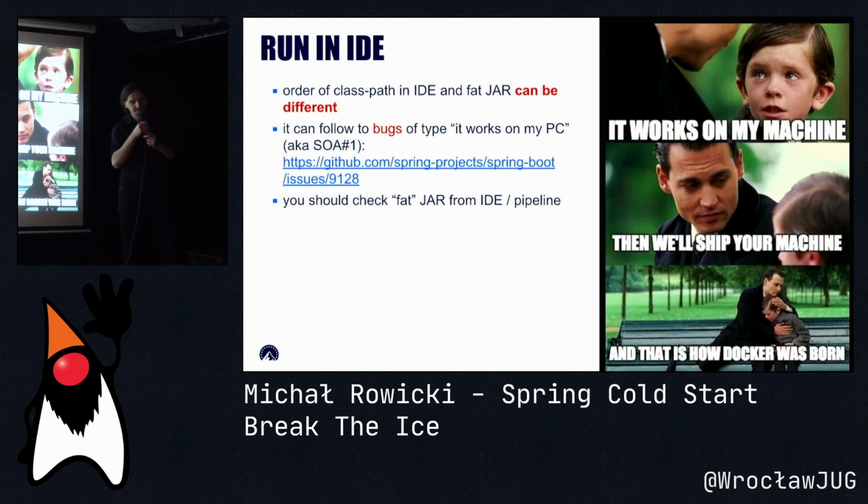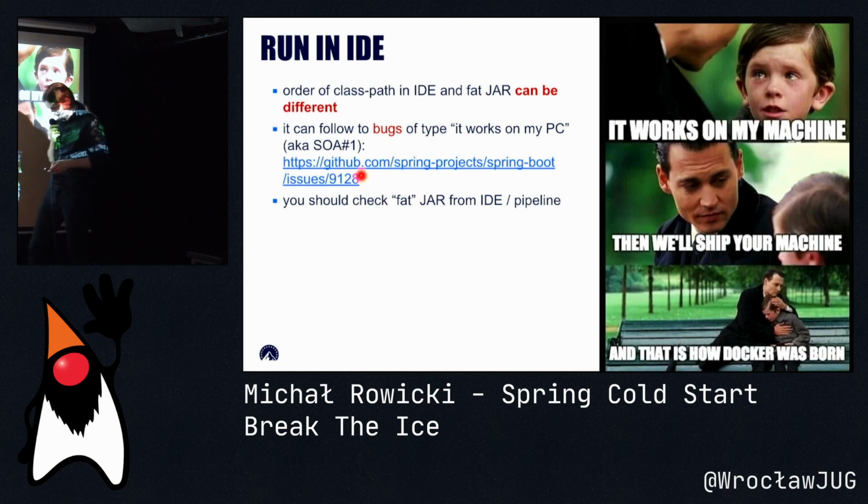We can imagine that there is one class which uses the method forName with a string for a class which is not yet on the class path. And then we have issues where our application doesn't work on our machine but works in production, or otherwise. This kind of issue has already been mentioned more than once in Spring Boot issues. So it's better to make tests against the fat jar to avoid issues. It works on my computer.